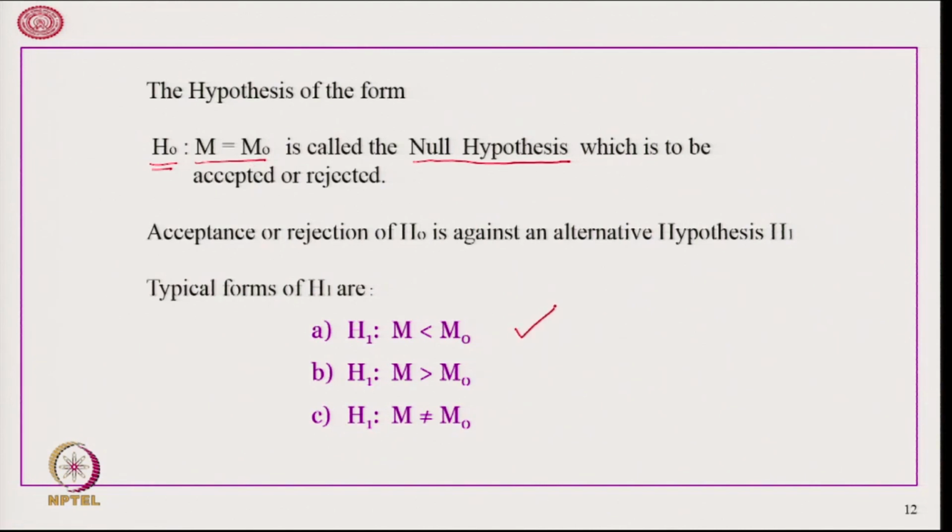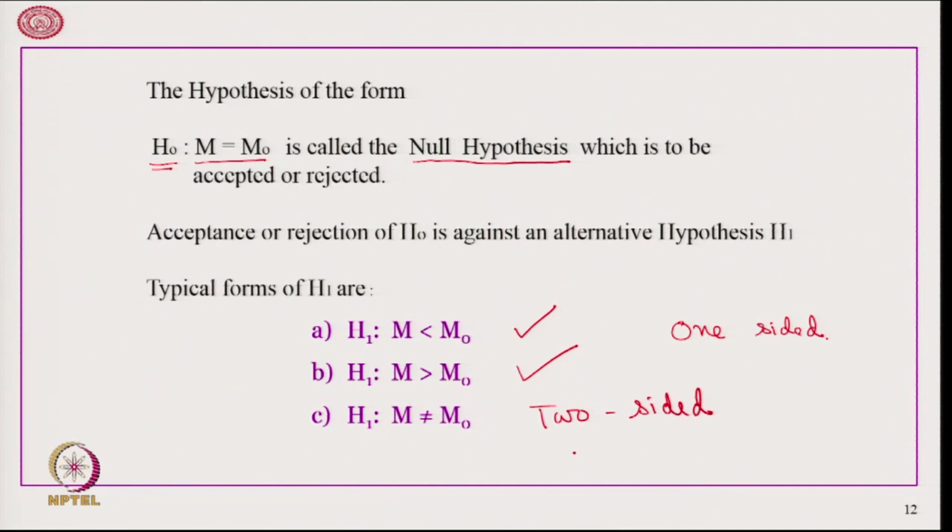M is less than m naught, that is, the sample evidence is such that we cannot accept that the value of m is m naught, rather it can be that m is less than m naught, or it can be m is greater than m naught. These two are called one sided, or we can think of m is not equal to m naught, which is a two sided alternative.